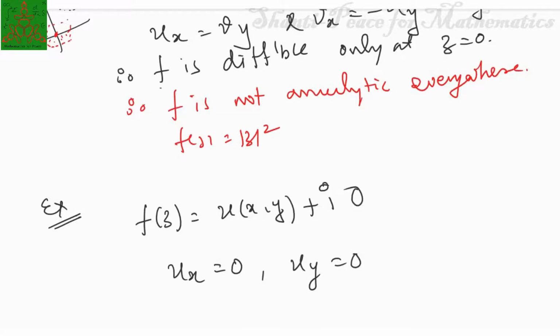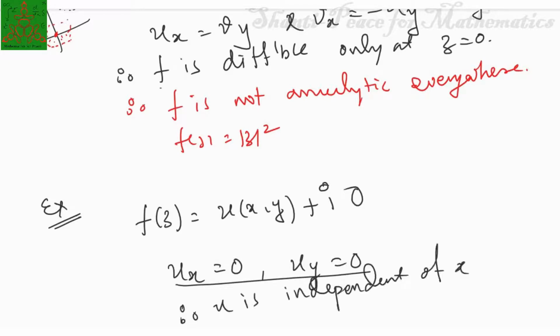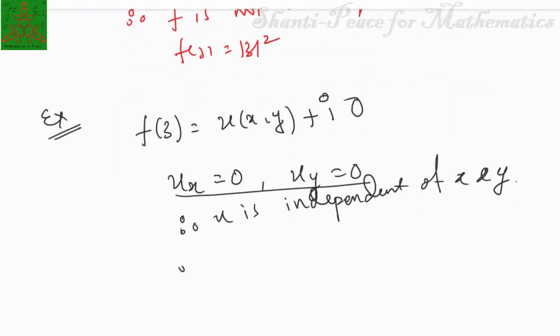And ux is 0 means u is independent of x, and uy is 0 means u is independent of y. That means u is independent of both x and y, and u is only a function of x and y, so therefore u is constant, and hence f is constant.